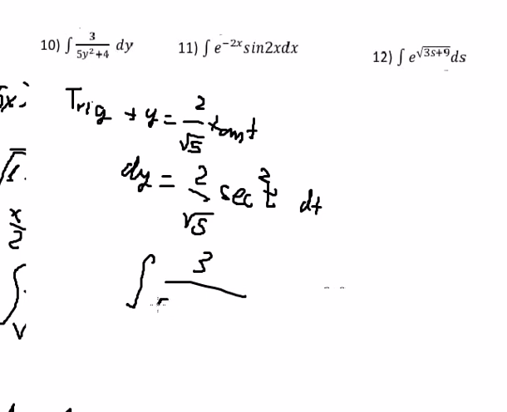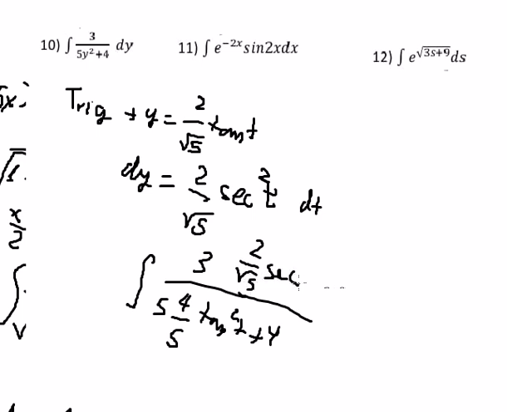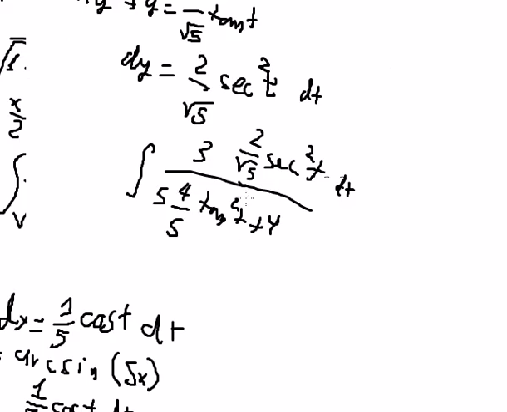So we put this one in here. You got 5 over 5 multiplied with 4 over 5 times tan t squared plus 4. And about dy, we change for this one. So this one you got number 4. We put number 4 outside.